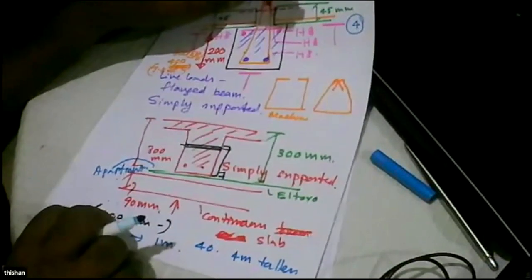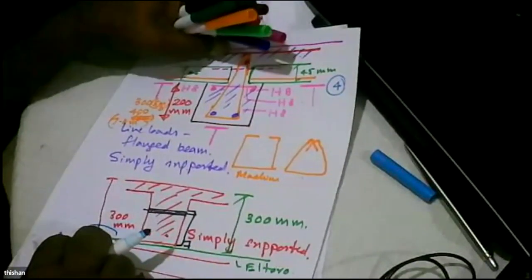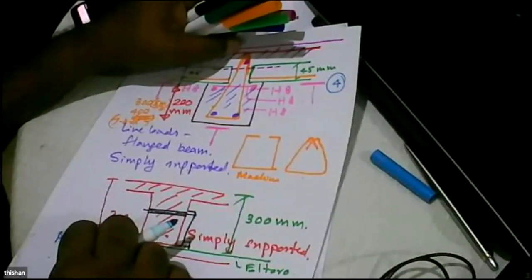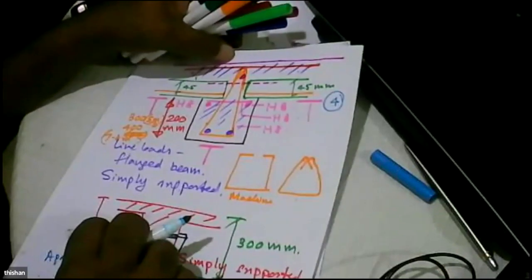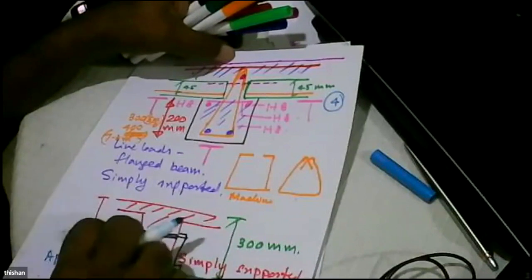Why? Because the beam is precast. It's free to shrink. The slabs are precast, so the slabs are also free to shrink. So you can minimize the minimum reinforcement, because you really don't need minimum reinforcement.